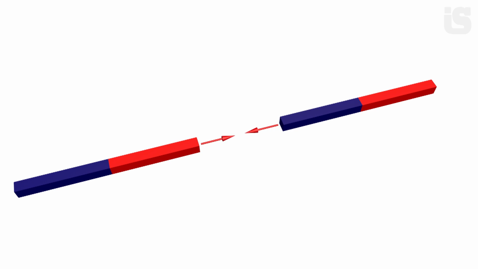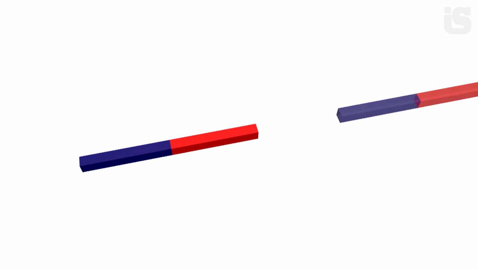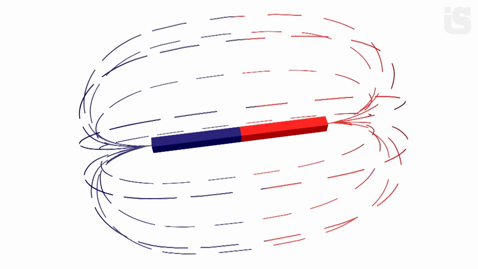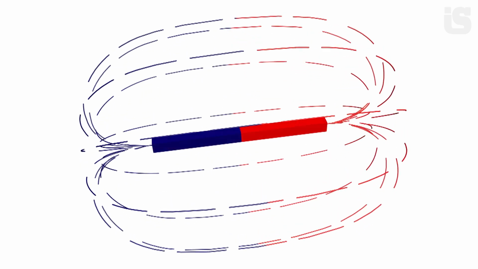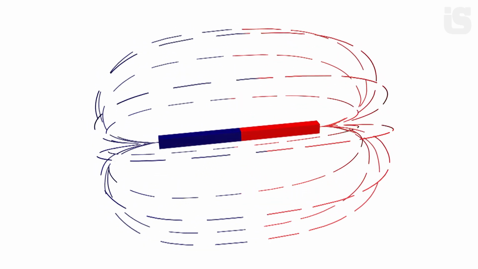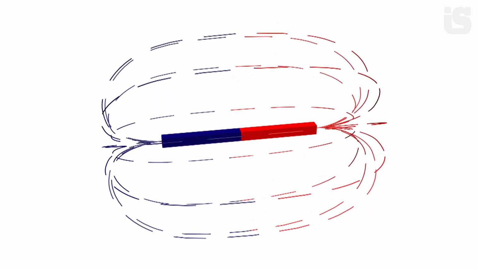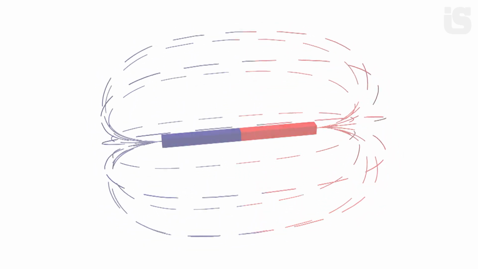Opposite poles of magnets will attract each other. This is what a magnetic field looks like, conventionally speaking. This amazing property of magnets always works. It cannot be turned off. That is why this magnet is called a permanent magnet.